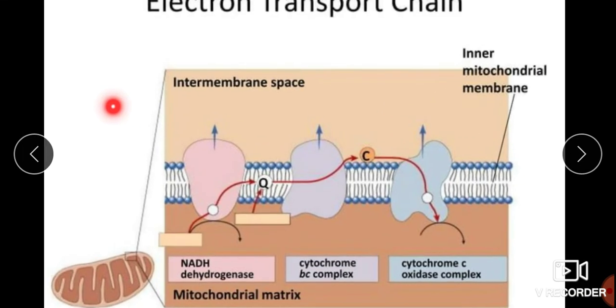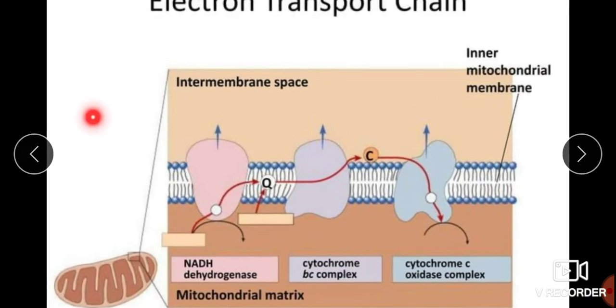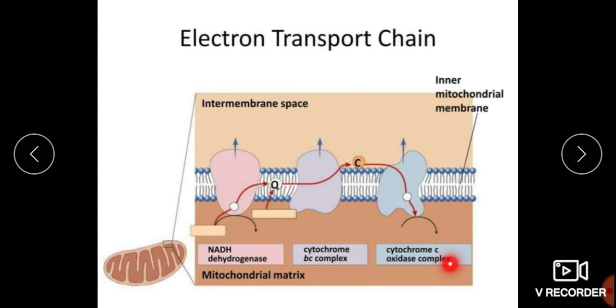Here is the electron transport chain. This is the inner mitochondrial membrane. Here this is the mitochondrial matrix. This is the intermembrane space.